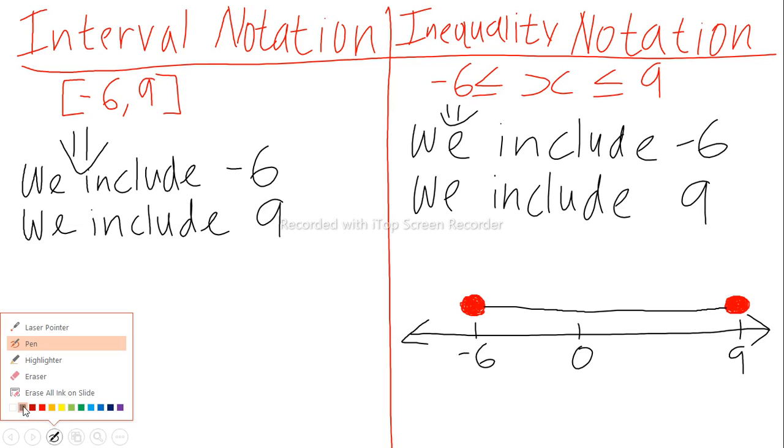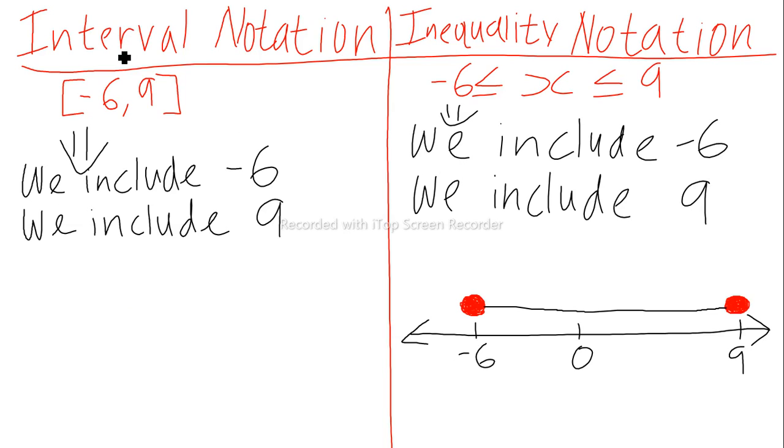Next, we are going to do the same thing on the interval notation side, but in a different way. We have 0 in the middle, -6 somewhere here, and +9 right here.